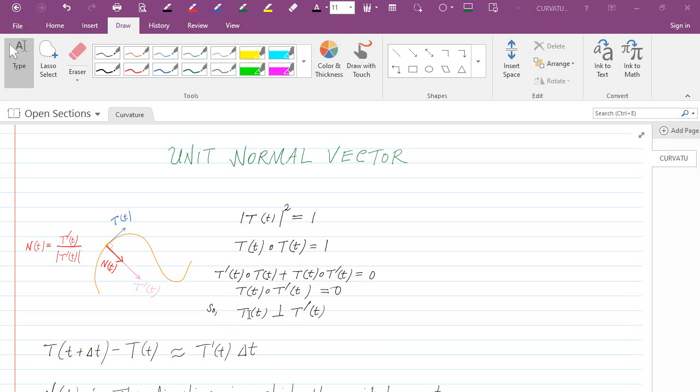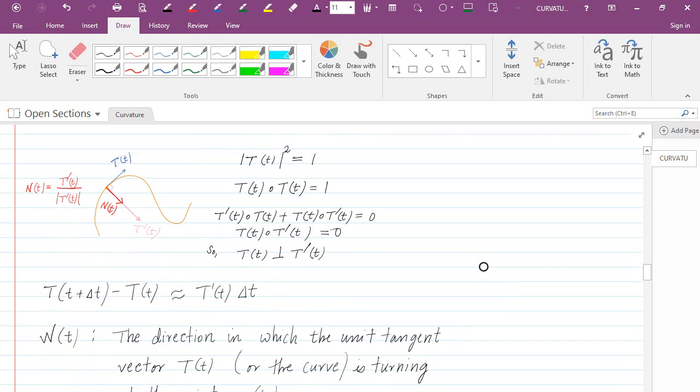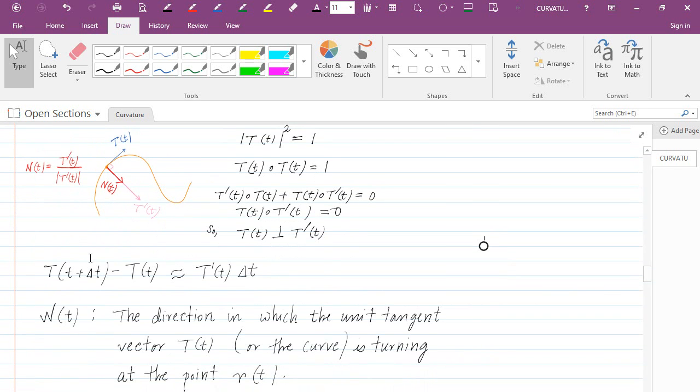So we see that T is perpendicular to T prime of t, and recall that if delta t is a small change in t, then the corresponding change in capital T is T of t plus delta t minus T of t.